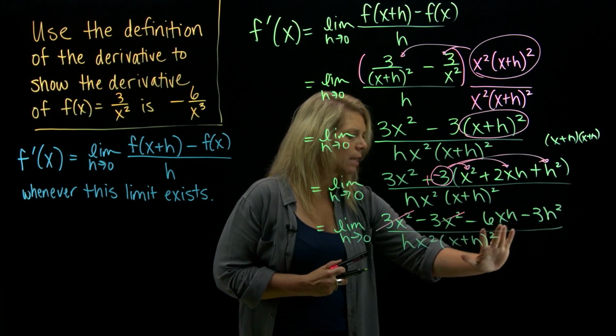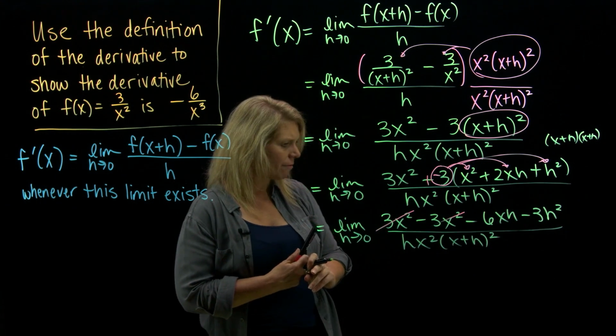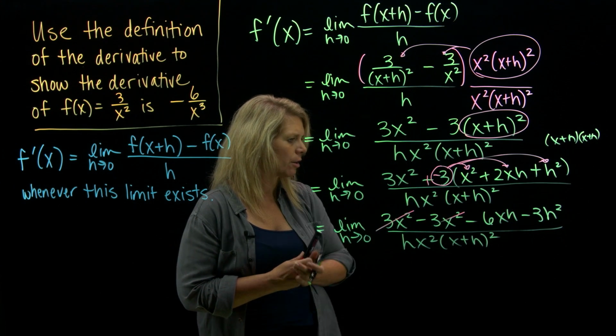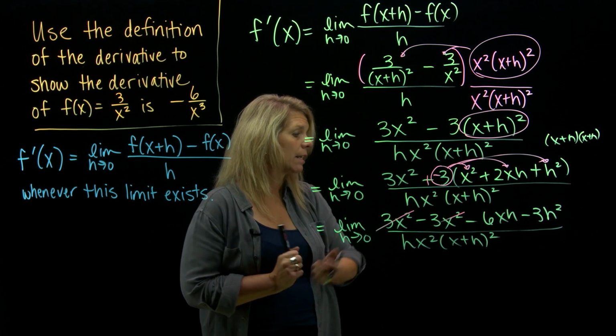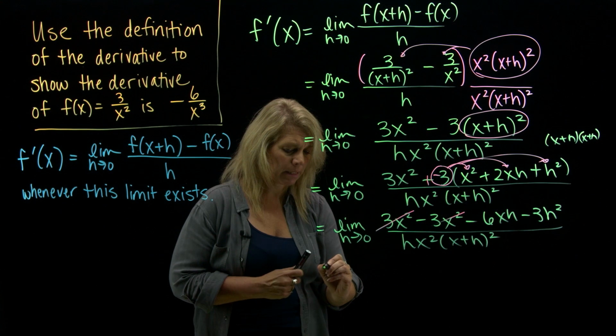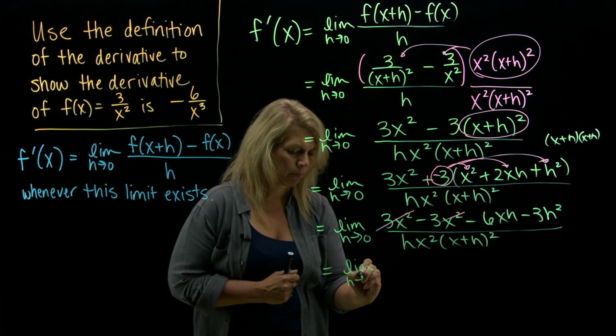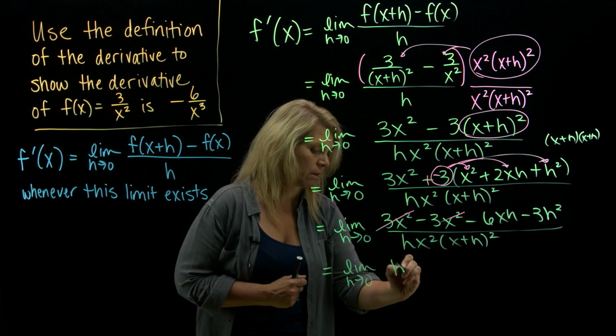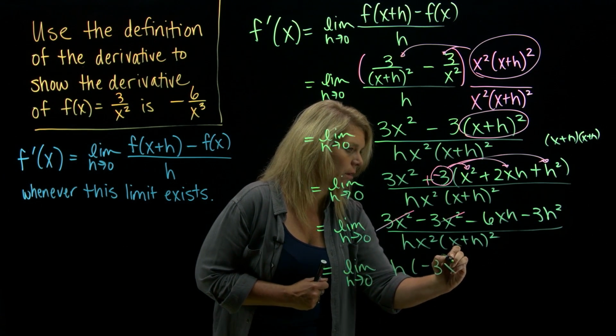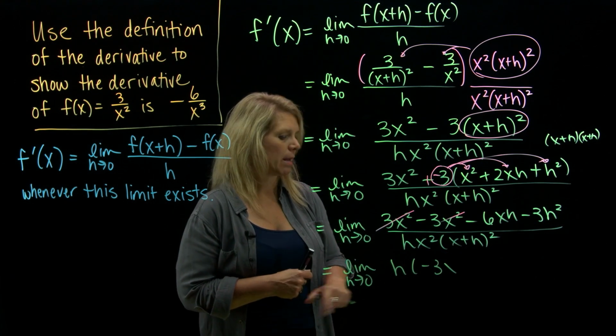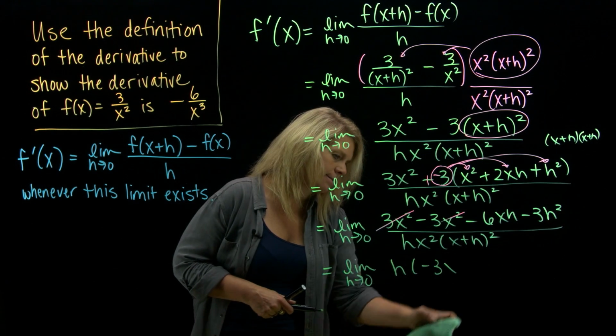You might notice that for these terms I have left, there is a common factor of h, or even negative 3h if I want. I'm going to go ahead and factor out just the h though. I made a mistake. I'm going to fix that.